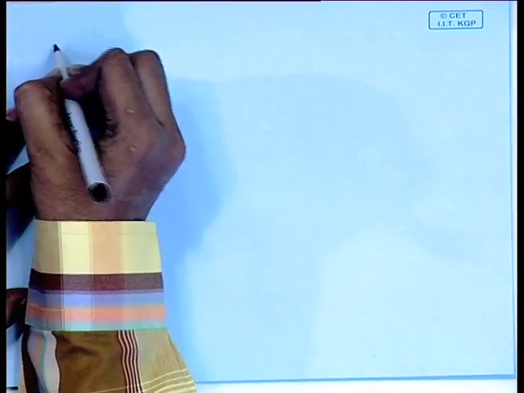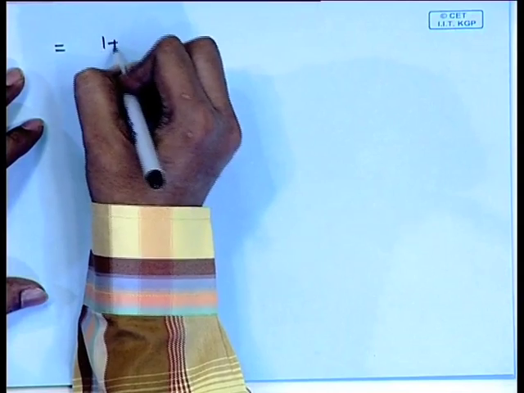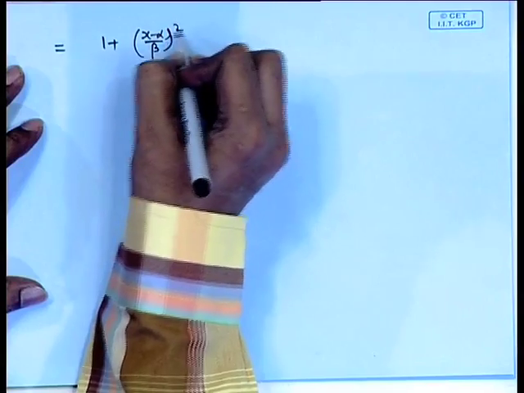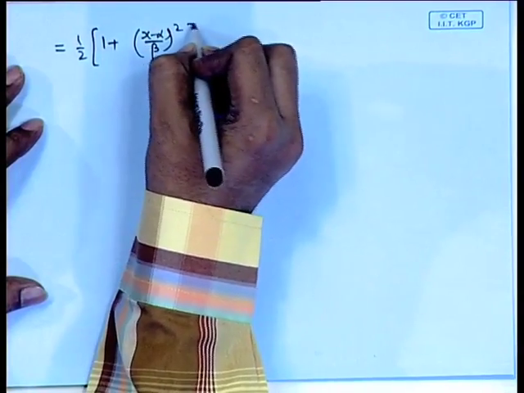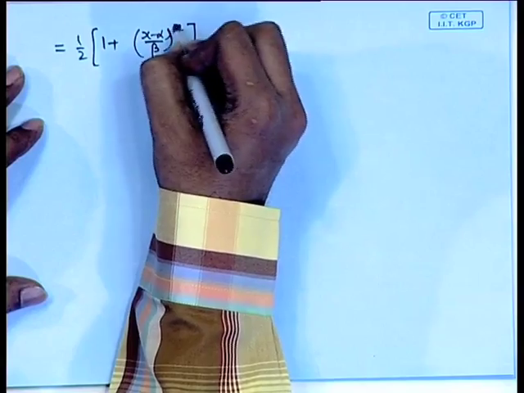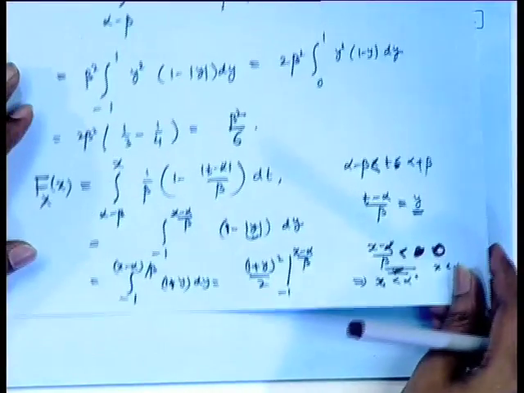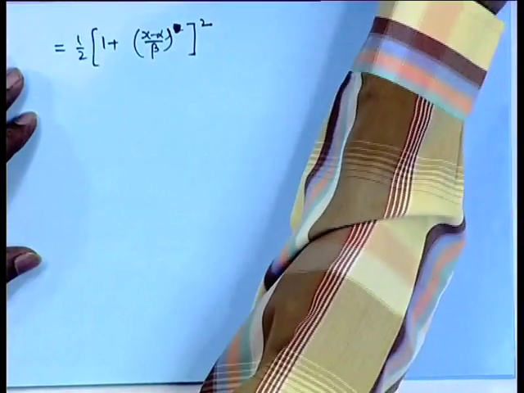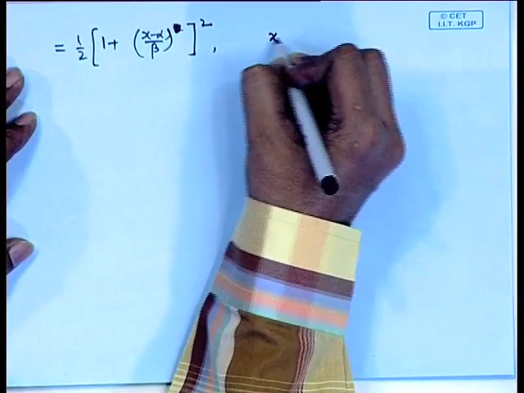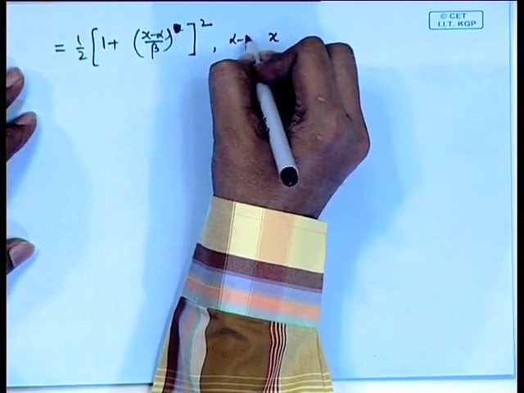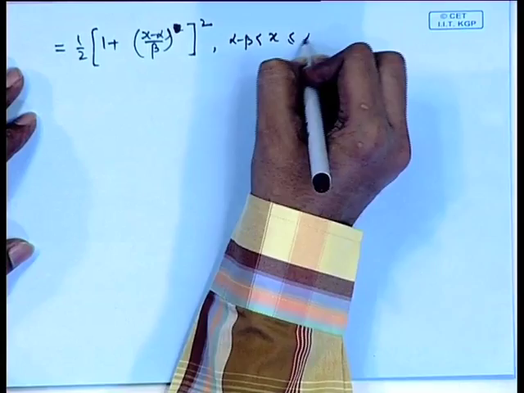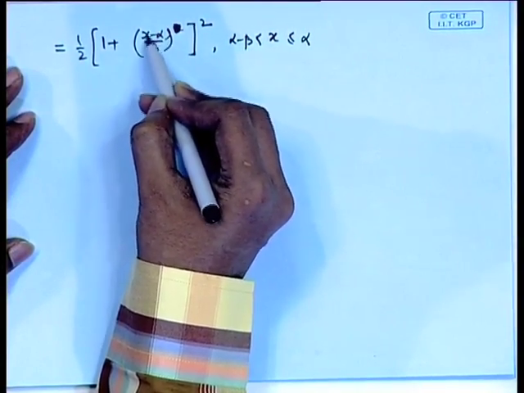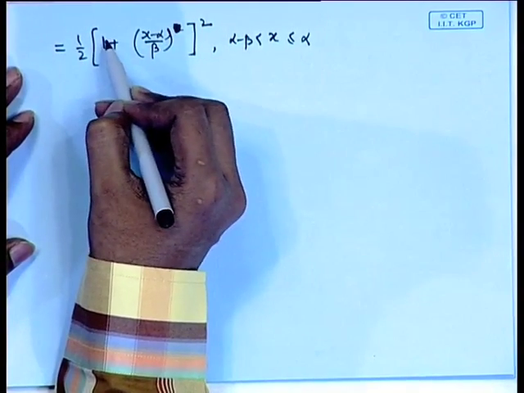So, this evaluates to one plus (x minus alpha by beta) whole square, by 2. So, this is for alpha minus beta less than x less than or equal to alpha. If you look at this value at x equal to alpha, this becomes 0, so the value will become exactly equal to half.